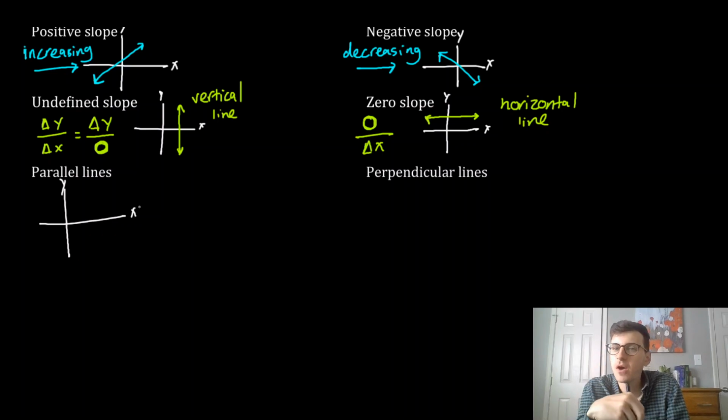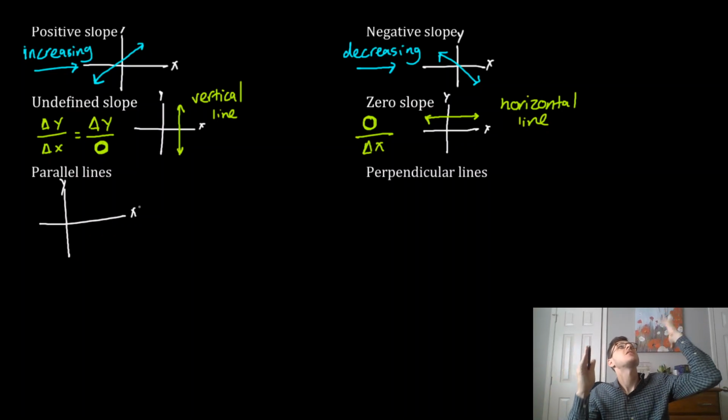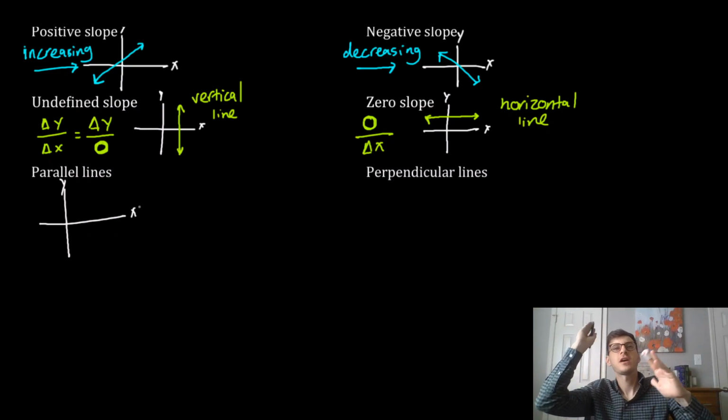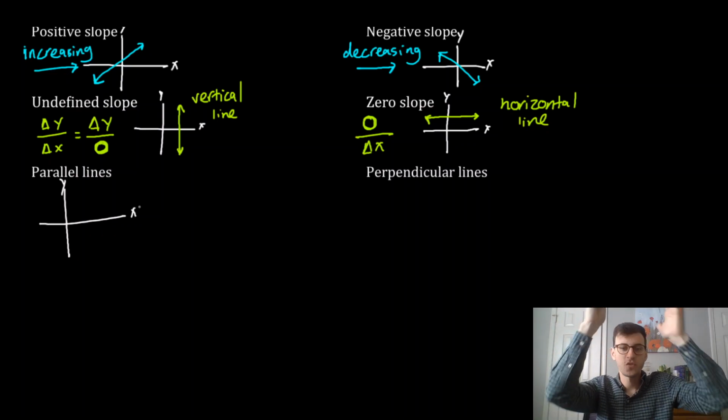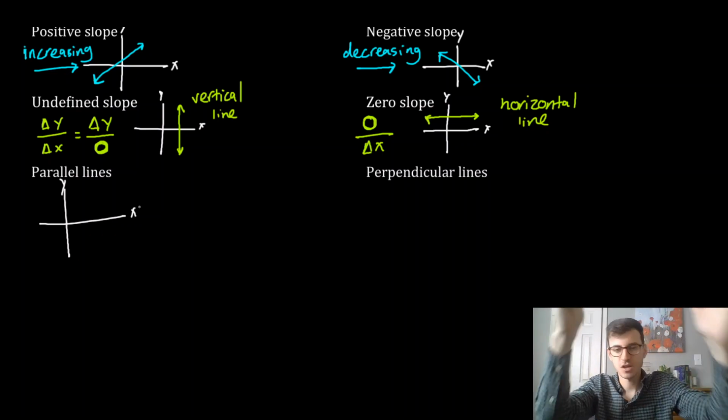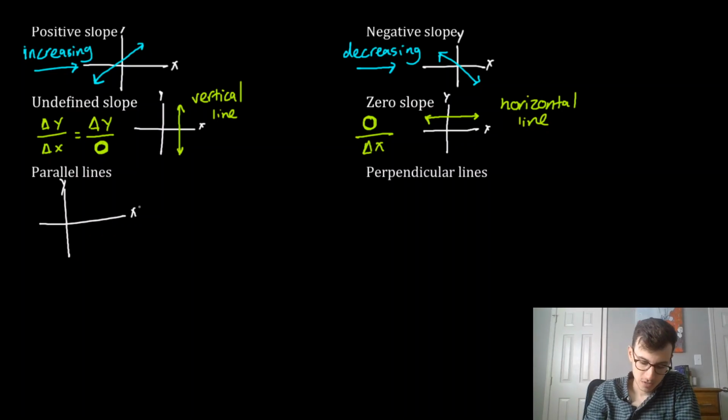Maybe you've heard them compared to railroad tracks. They never cross. If I'm teaching in a class, I would look up at the ceiling and point to the tiles, and how those straight lines never touch each other. So parallel lines are just two lines that never cross.